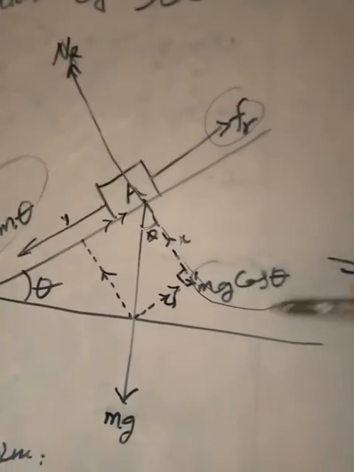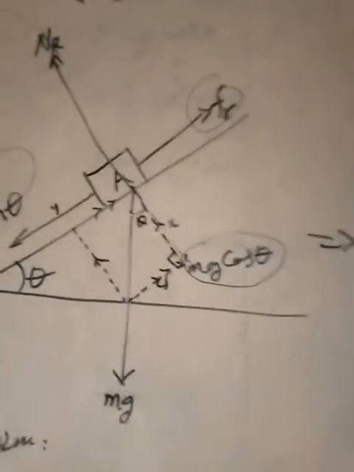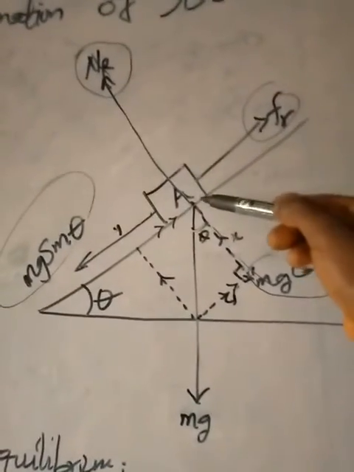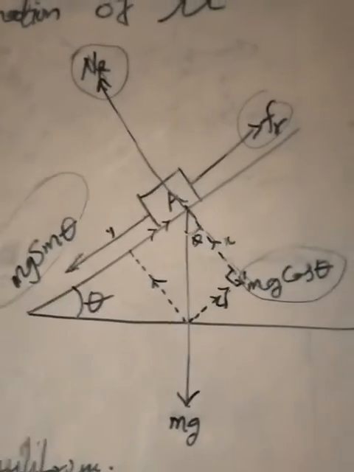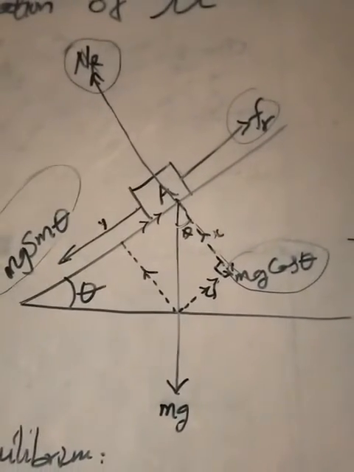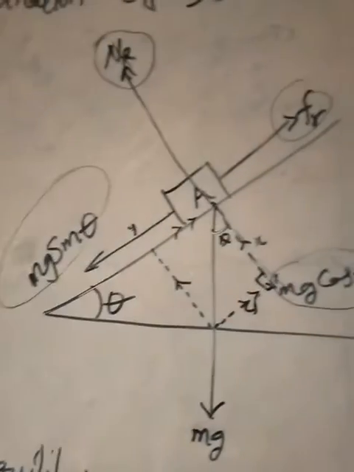The downward force is mg cos theta, while the upward force is the normal reaction. In this case, the weight of the body is not the downward force, because to the plane it's not perpendicular.